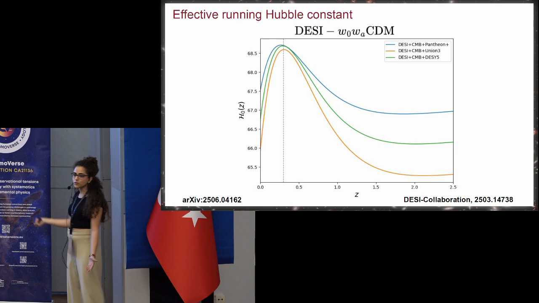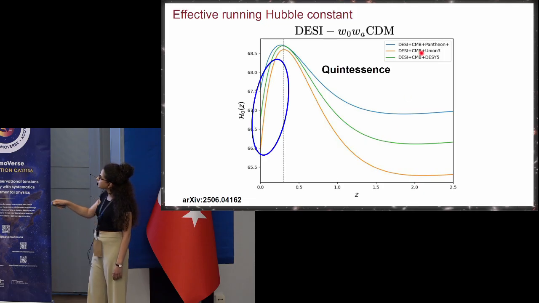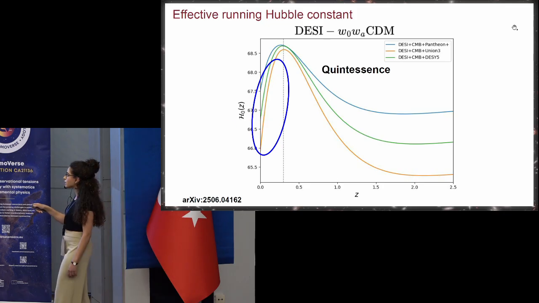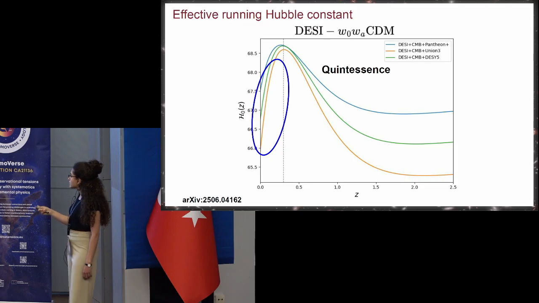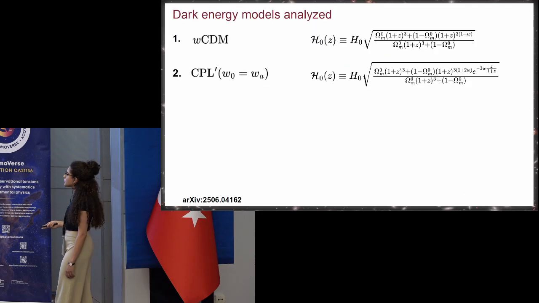This is also true for DESI results. If we consider DESI plus CMB plus different types of supernovae, we see that at the beginning this function is increasing, so the slope is positive. It indicates quintessence dark energy, whereas when there is a maximum, so a phantom crossing, and then it decreases, there is an indication for phantom dark energy.